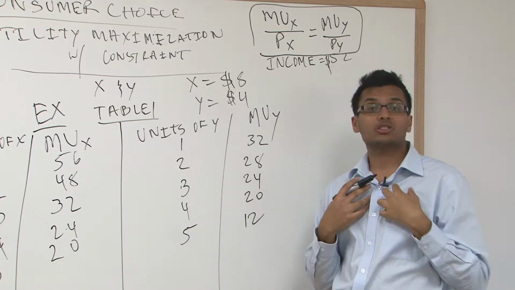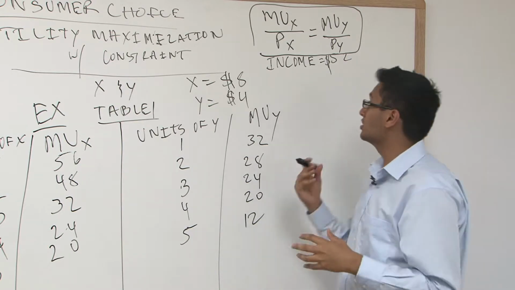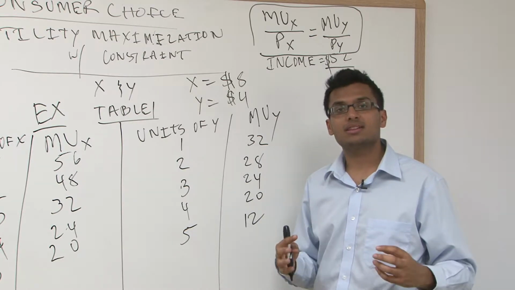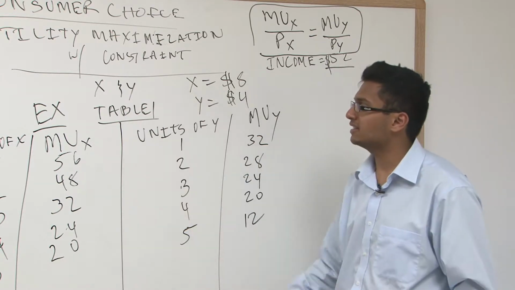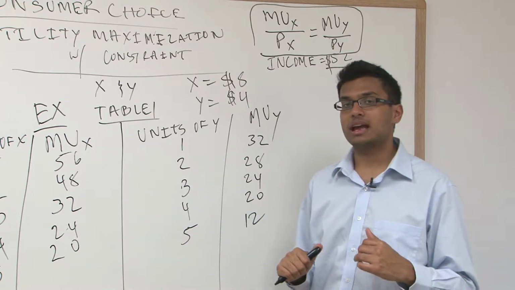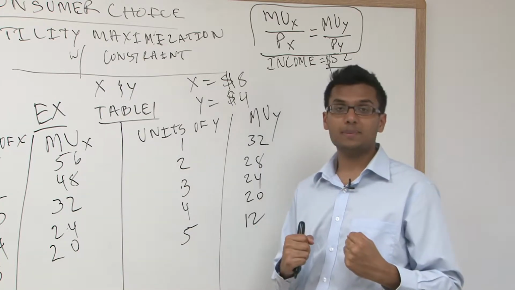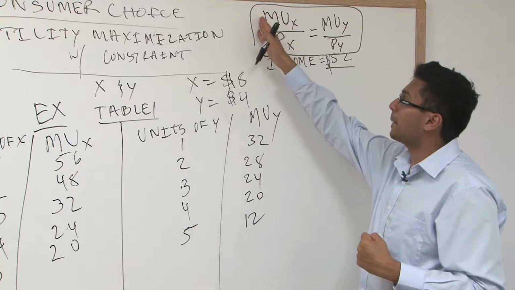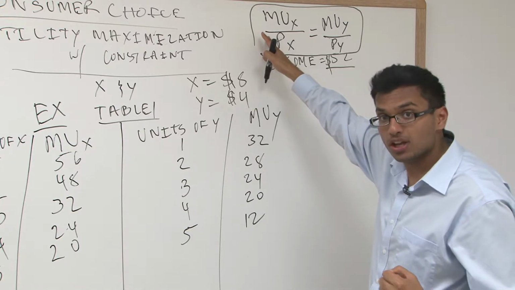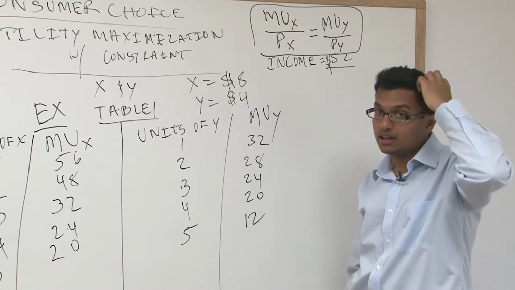If I, as a consumer, am trying to decide what to buy based on a certain income, in our case $52, what it's saying is that if I'm buying X and Y, let's say X is milk and Y is bread, the amount of milk and bread that I buy should be such that the marginal utility I get per dollar for milk is equivalent to the marginal utility I get per dollar for bread. I'll say that one more time.